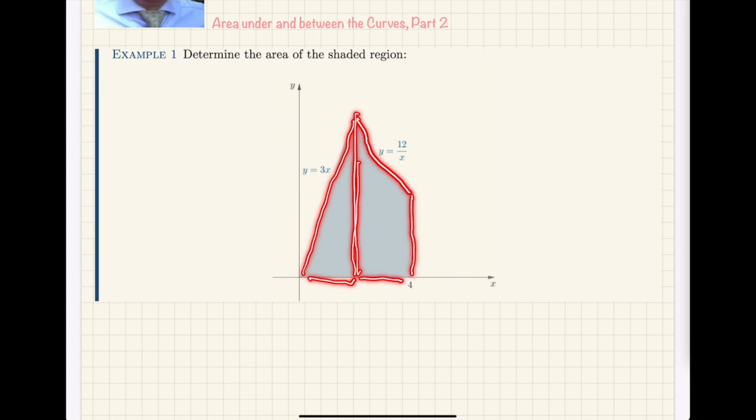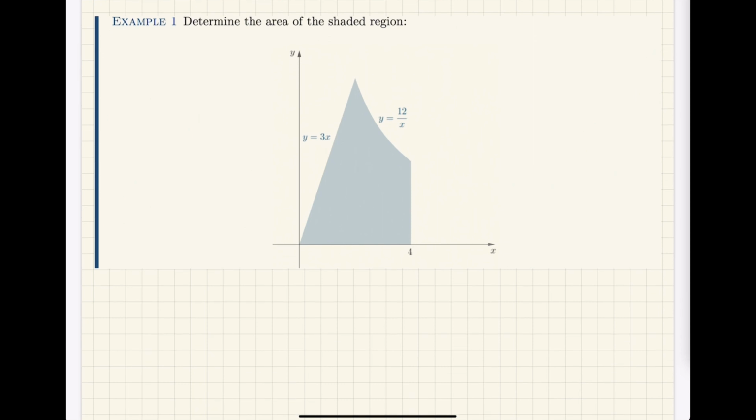So I cannot solve this problem just by one integral. I have to divide this into two pieces and then I will try to solve the problem, yes? Okay, so how should we solve the problem? So I will do this.